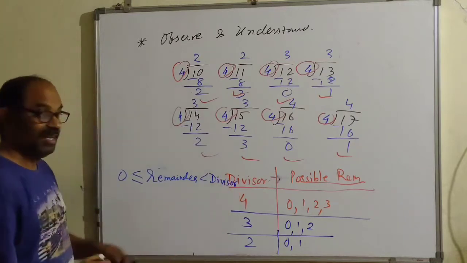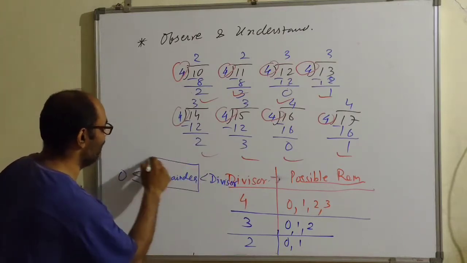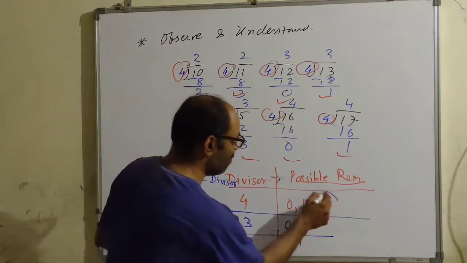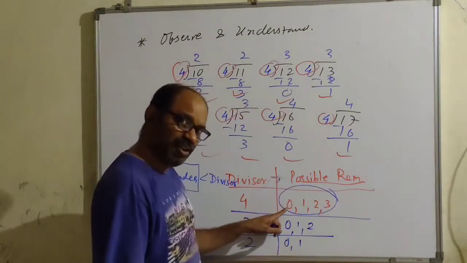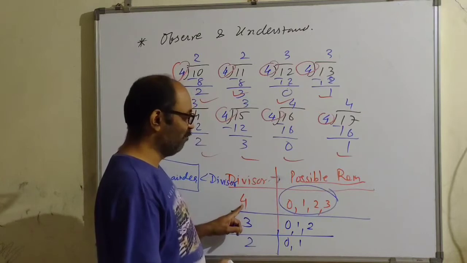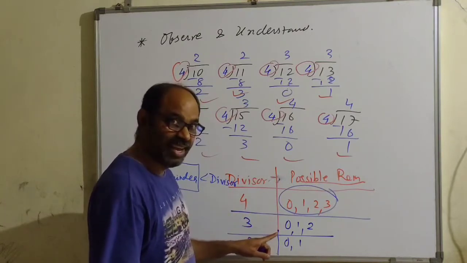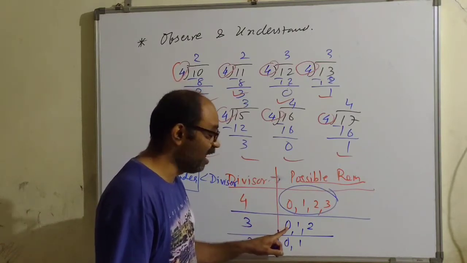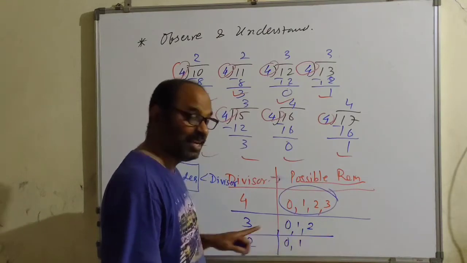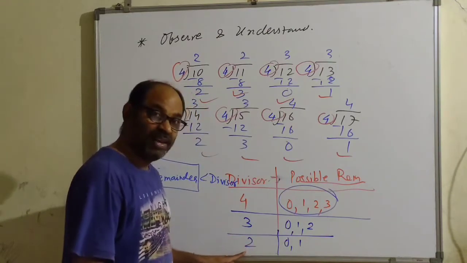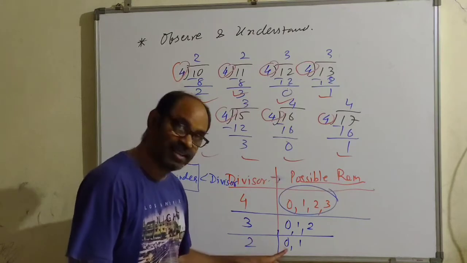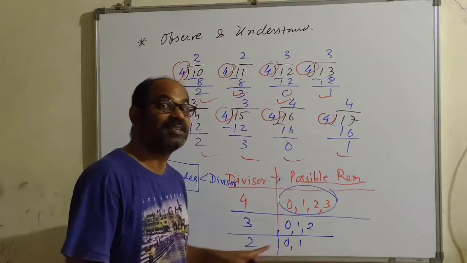Are you getting me? Look here, this remainder is 0 but the others are less than 4. This remainder is 0 when 3 is the divisor, but the other remainders are less than 3. When the divisor is 2, the remainder 0 is there and the other remainders are less than 2.